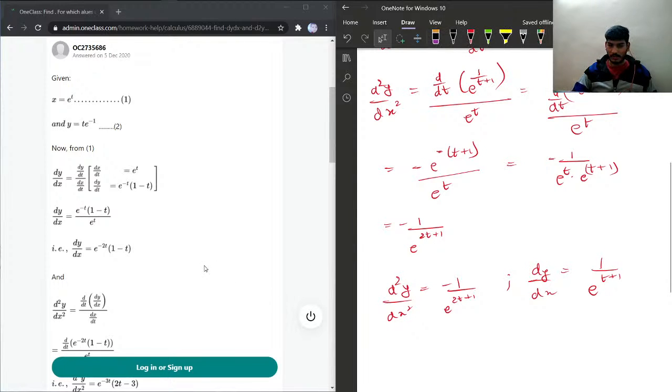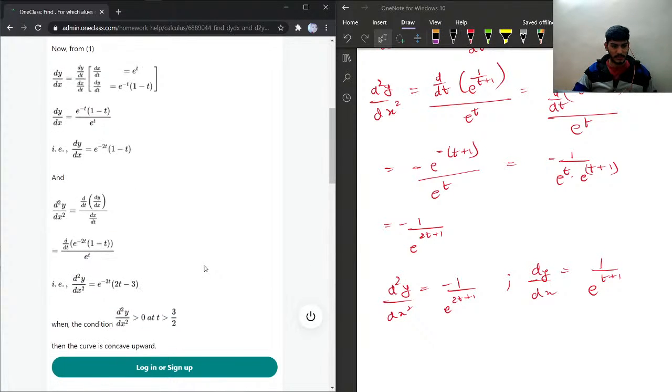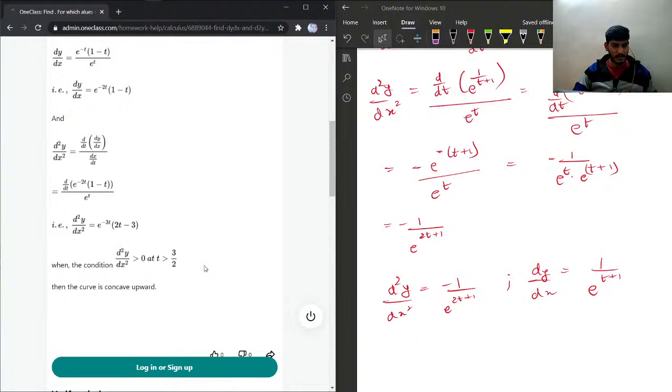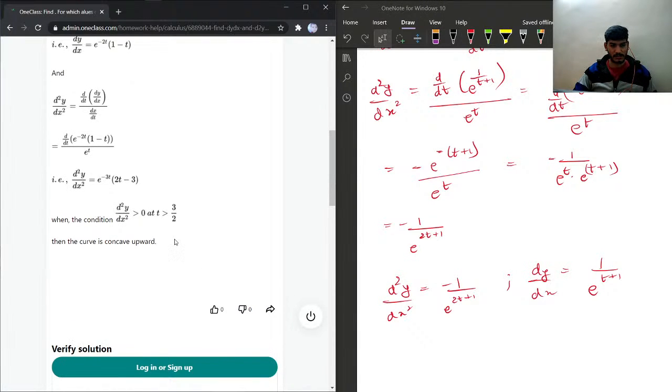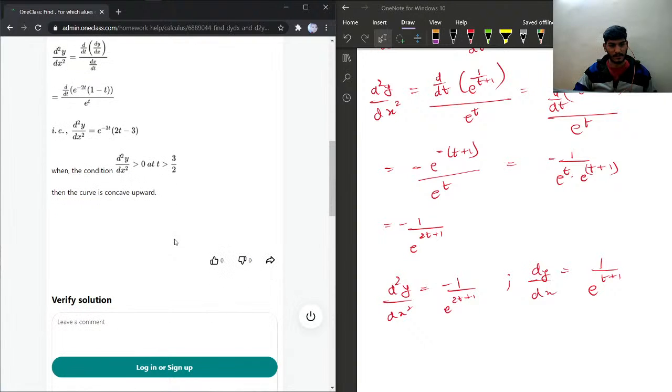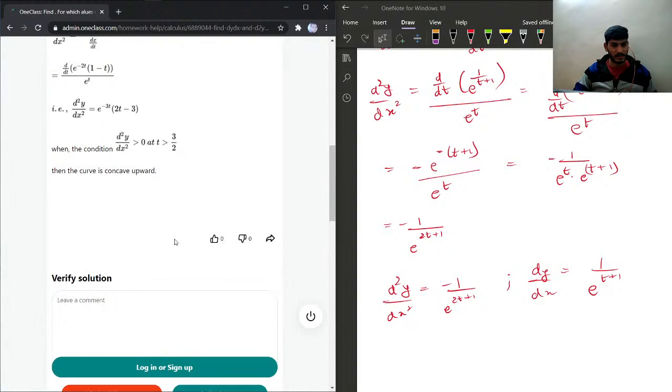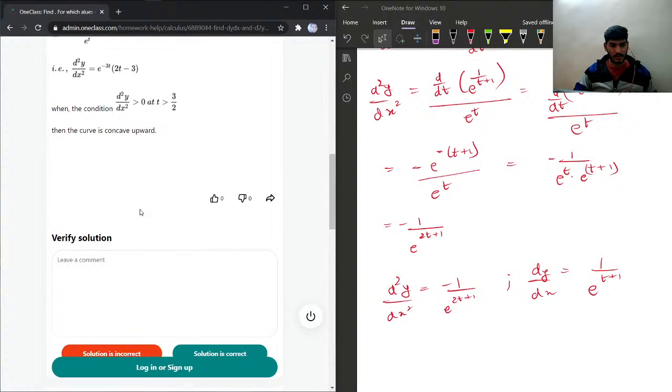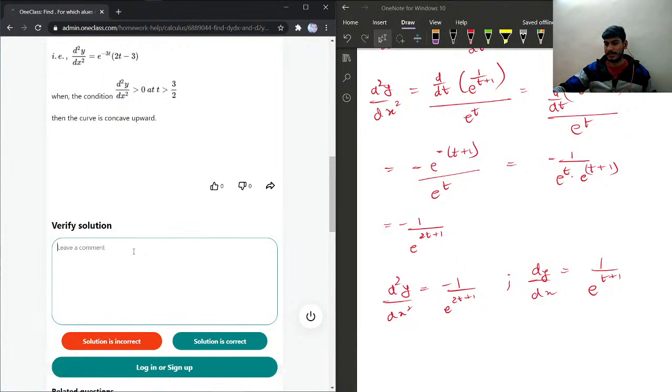So for dy by dx, the solution given here is wrong, and for this one also the solution given here is not correct. Condition is the curve is concave upward. So this is going to be the solution. So the solution given here is incorrect.